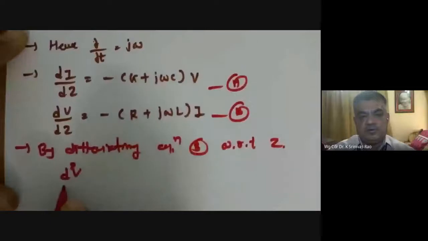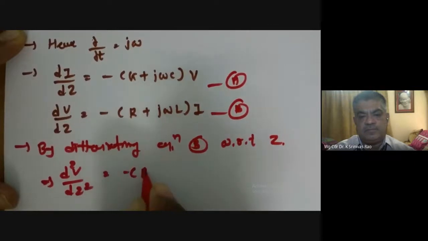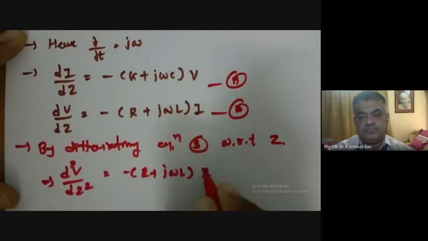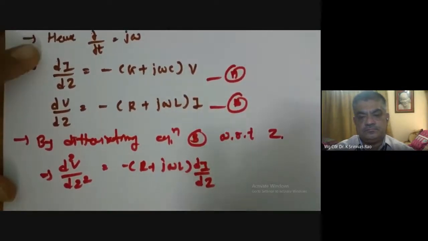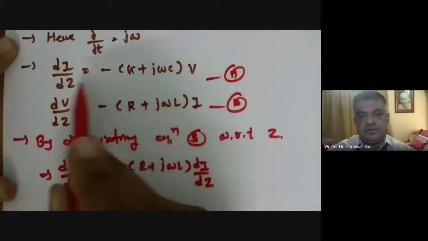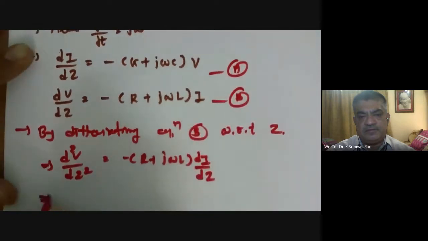So now let us consider equations A and B like this. Now, if I differentiate the equation with respect to z, d square v by dz square is equal to minus of r plus j omega l into dI by dz. Now we know the dI by dz value from equation A, so I will replace dI by dz in this equation.